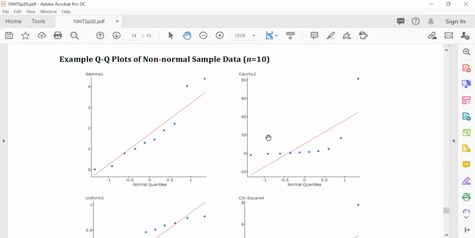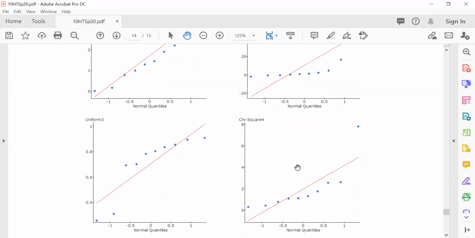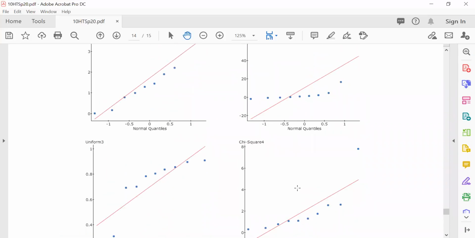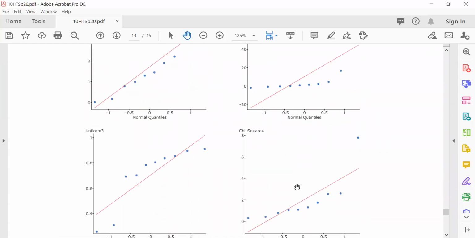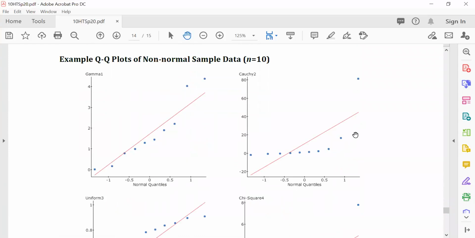This is the QQ plot for a Cauchy distribution with degrees of freedom equal to 2. This is the uniform distribution. This is for the chi-square distribution. They are all not normal distributions, but it's pretty straightforward to see. Okay, this is absolutely not a straight line.